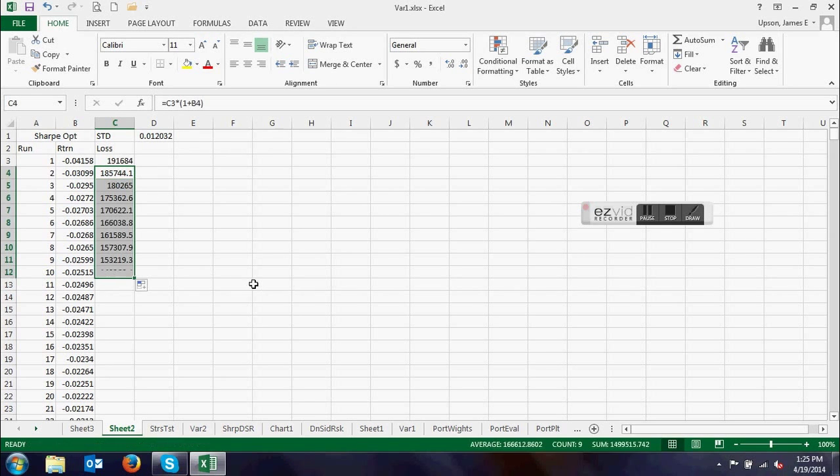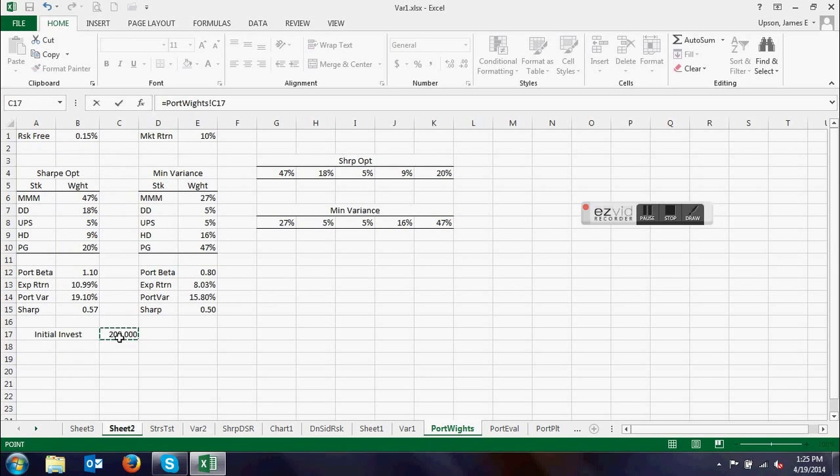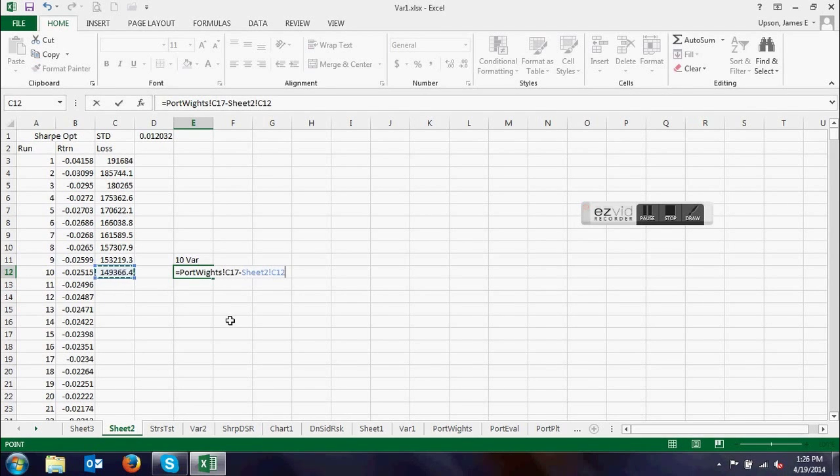And then our value at risk, our 10-day VaR, is then going to be equal to our portfolio value that we started with minus the accumulated loss. And we actually want the negative of that.